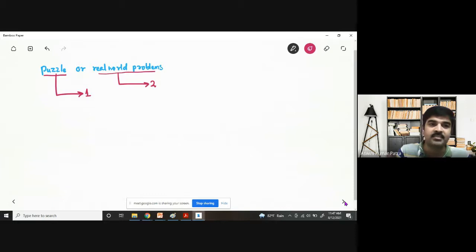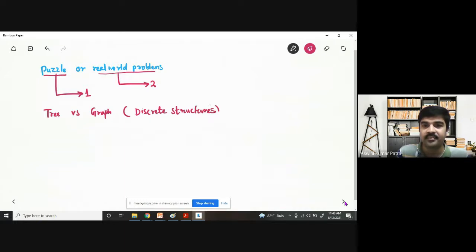Okay, now let me differentiate what is a tree and what is a graph. So of course, these are discrete models, or we can say discrete structures.